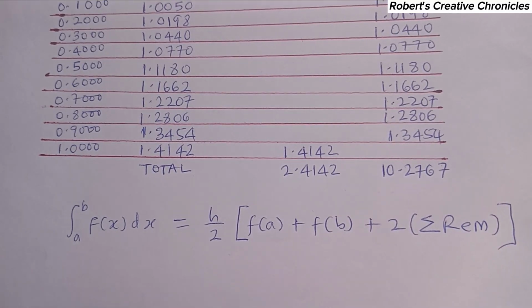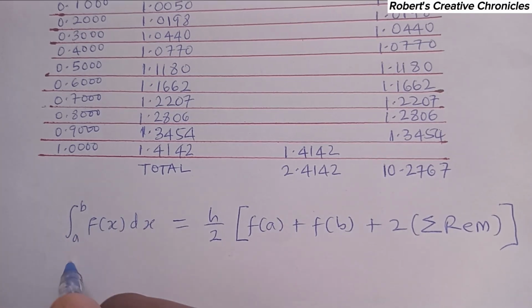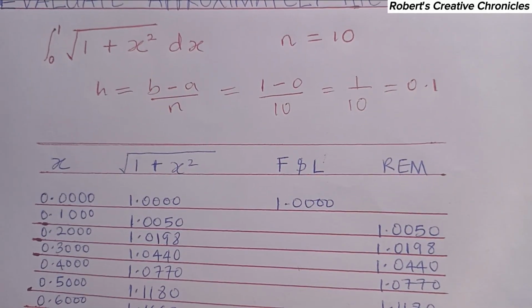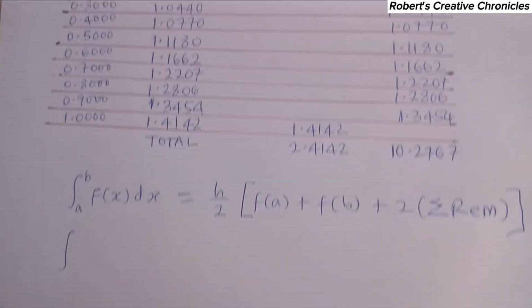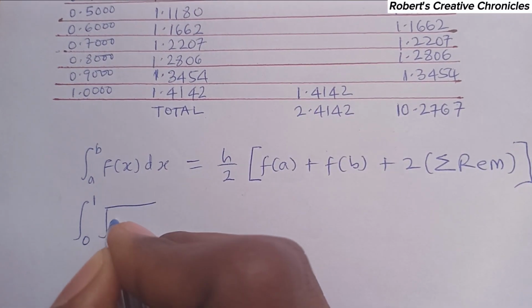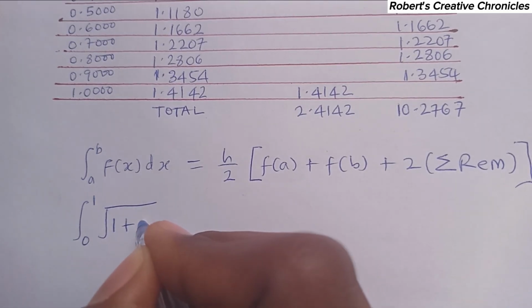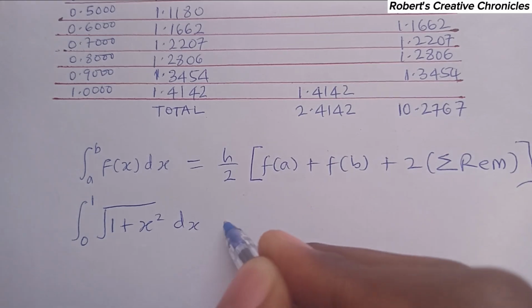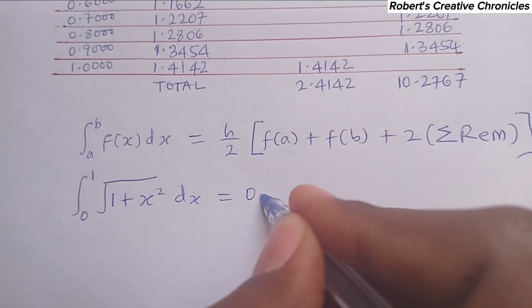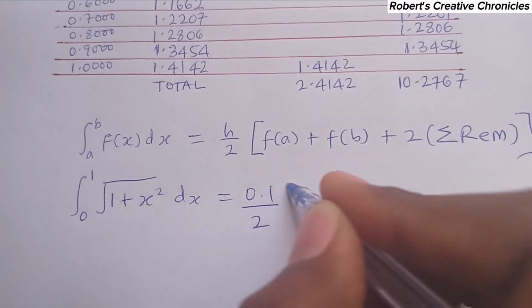So now, the integral above here, from 0 to 1 of root of 1 plus x squared dx, is equal to h. What's h? H is 0.1. Here is 0.1 over 2.